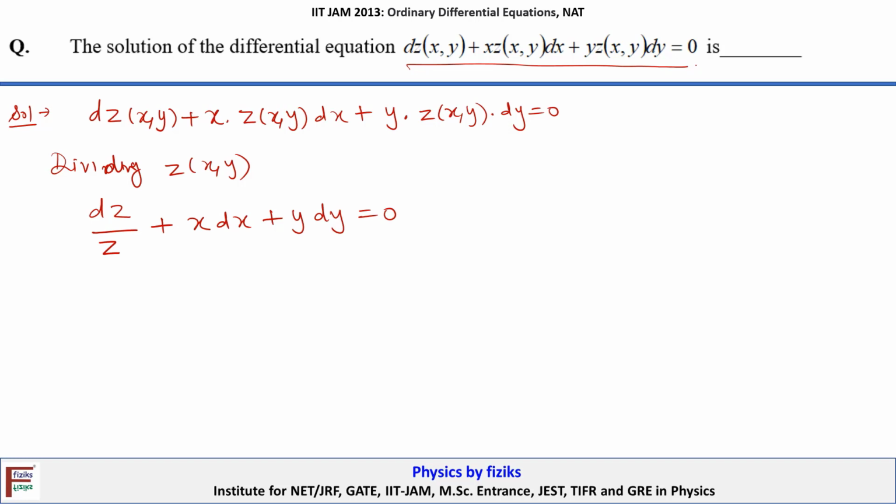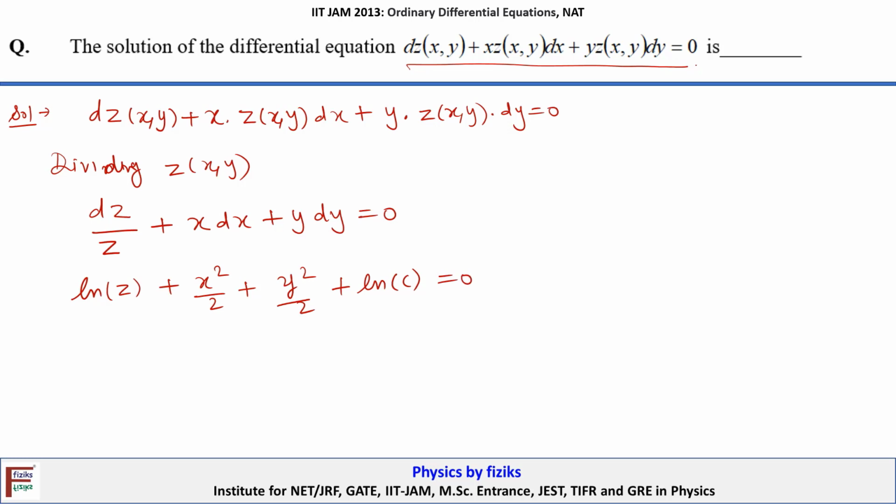Now on integrating, we can write ln of z plus x square by 2 plus y square by 2 plus ln of c is equal to 0.